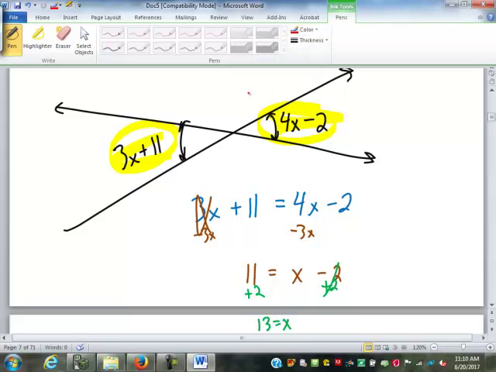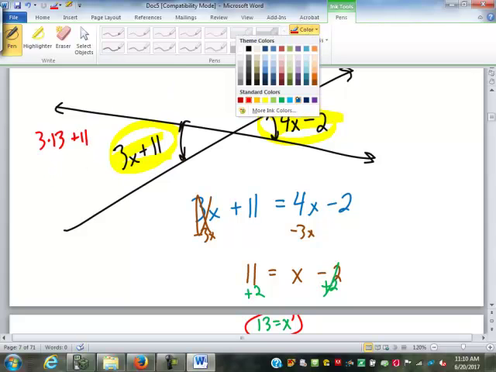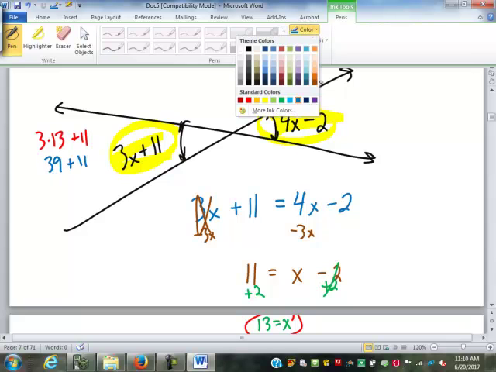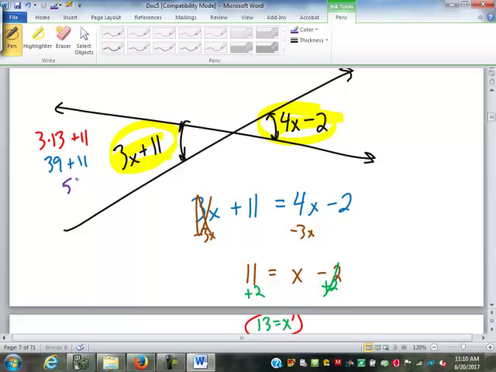Nope, we got to come back up here, put 13 in for x, and find what each of those angles is. So 3 times x is 3 times 13 plus 11. 3 times 13 is 39 plus 11. That's 50 degrees.